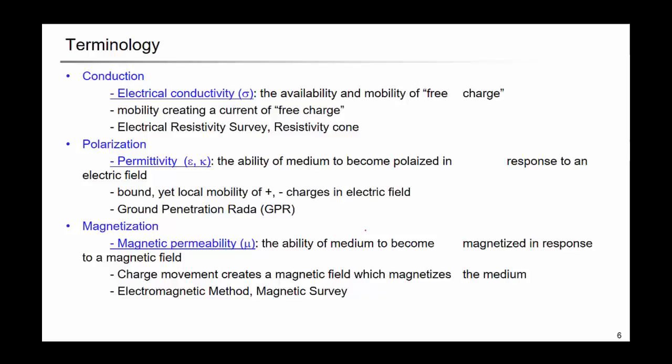So what is conduction? That's when you have a free charge, and if the free charge moves, you have a current, right? And this movement of the free charge is called electrical conductivity. Electrical conductivity is also the reciprocal of electrical resistivity. Here, electrical resistivity is rho.